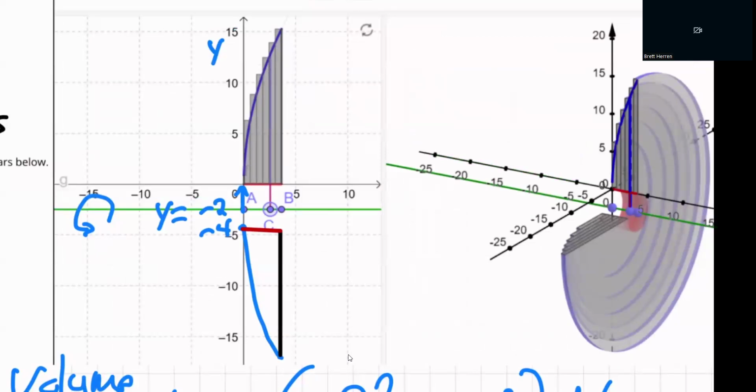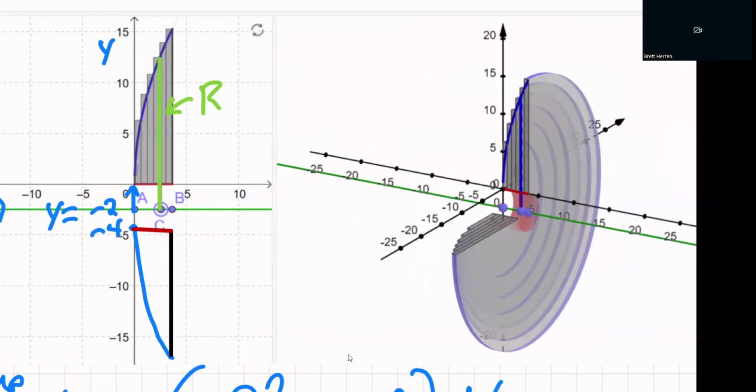Let me show it right here. So the outer radius is going to be here to there, right? That's capital R. That's from the center, because this is the center of rotation. You can see it on the 3D diagram as well, from here all the way to there.